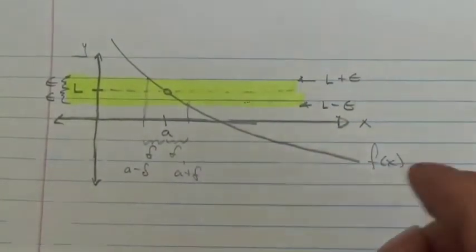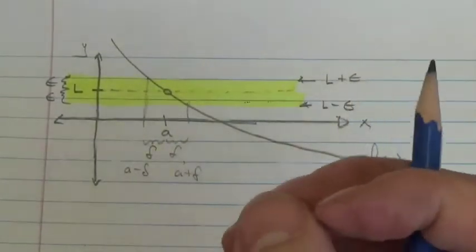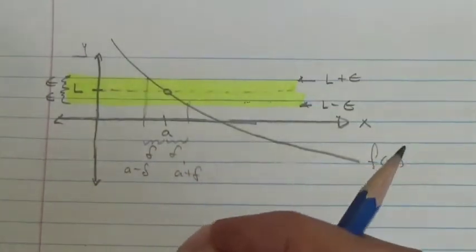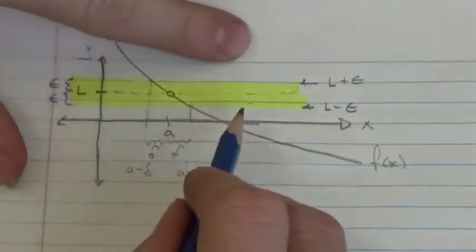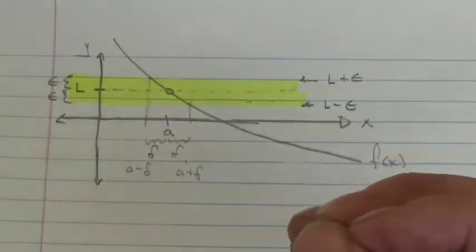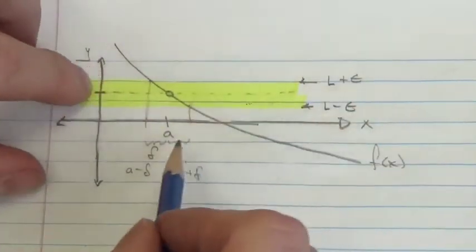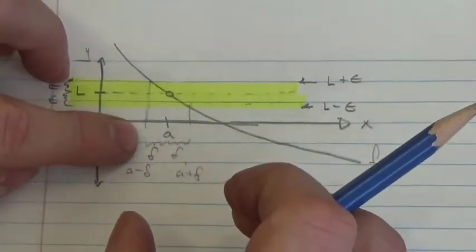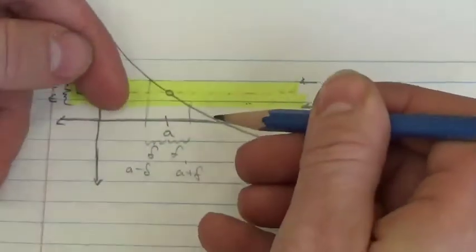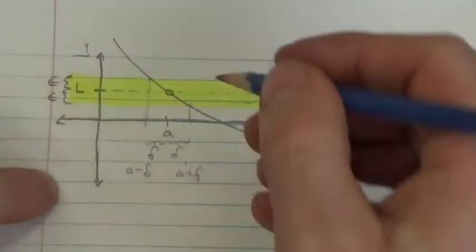Now, the way the definition works, it says that as soon as you choose an epsilon, that creates an interval about 2 delta wide around a, such that if I'm inside that interval, it forces me to be inside this interval.